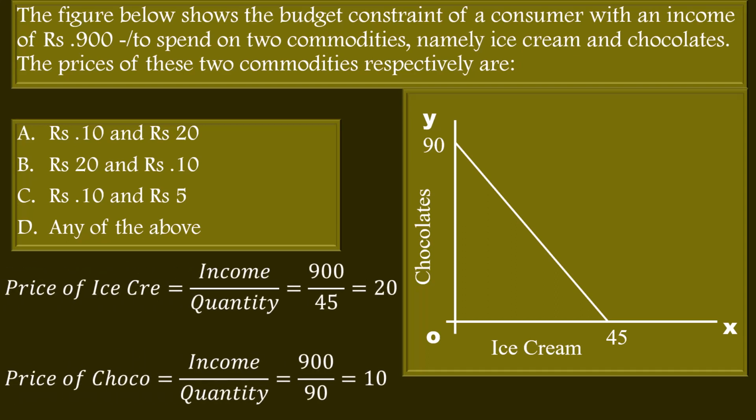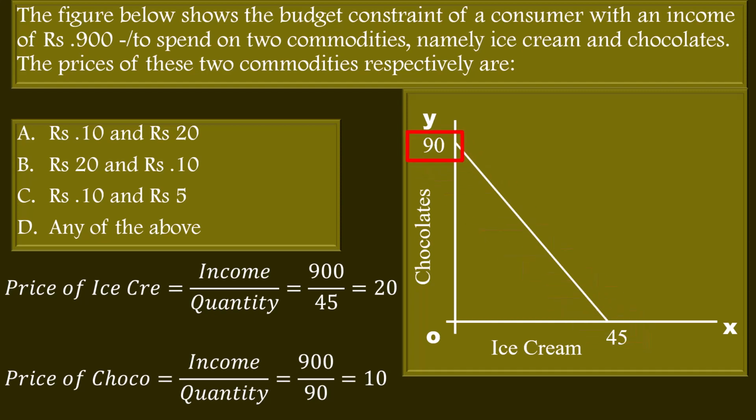We have to find the price of ice cream and chocolate. Income is given in the problem. It is 900 rupees. If the consumer spends his entire income on ice cream, he can buy 45 units. On the other hand, if he spends his entire income on chocolate, he can buy 90 units.